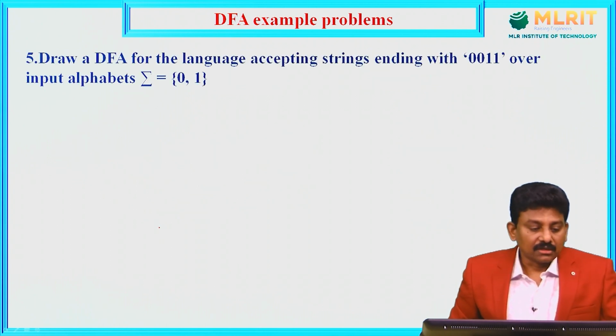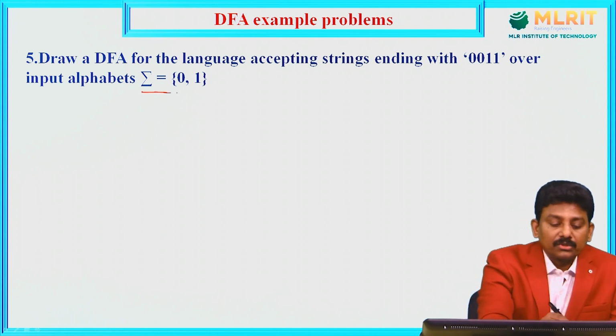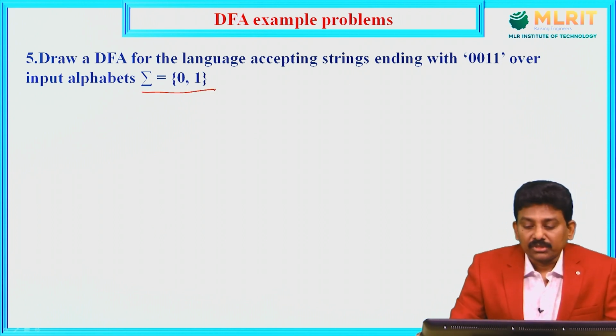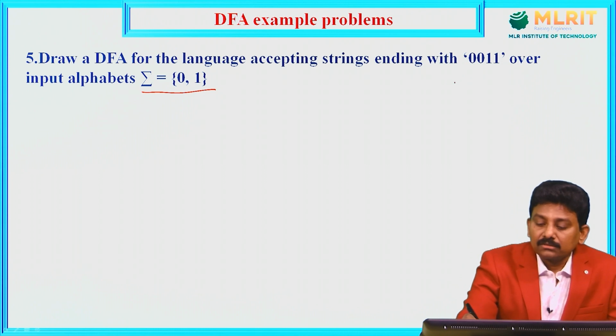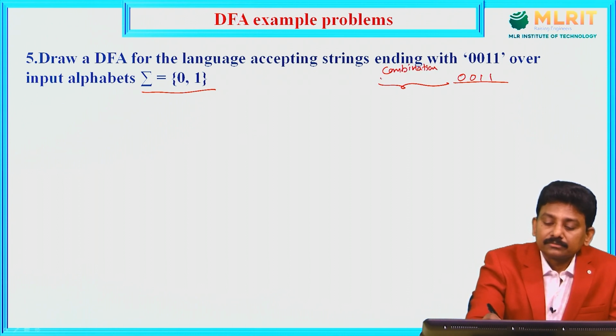Next question, draw a DFA for the language accepting strings ending with 0 0 1 1 over the input alphabet 0 1. The last 4 symbols are 0 0 1 1. Before that we can have any combination of zeros and ones.